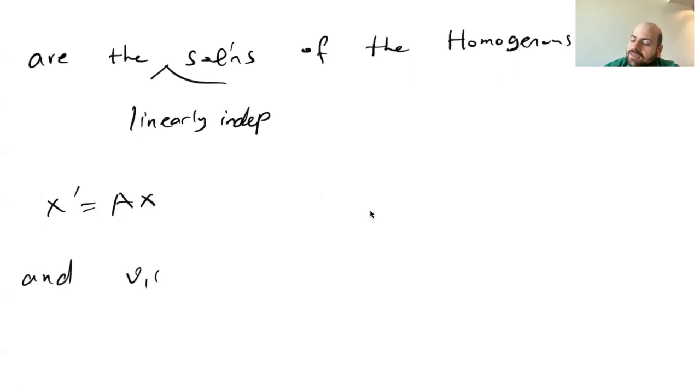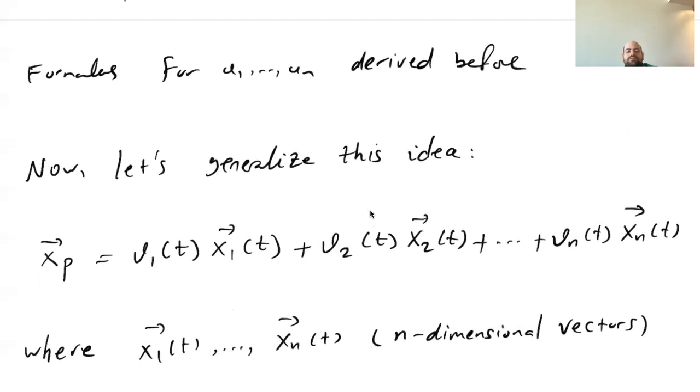And v1 of t to vn of t here are scalars. They are not vectors, they're scalar functions of t. So here, it's a scalar times an n-dimensional vector, which becomes an n-dimensional vector. Similarly for each term, all the way to the last.